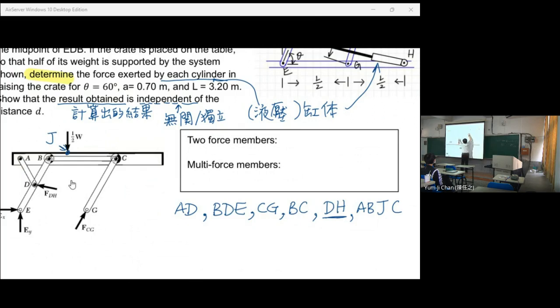This one is a platform that can go up and down.